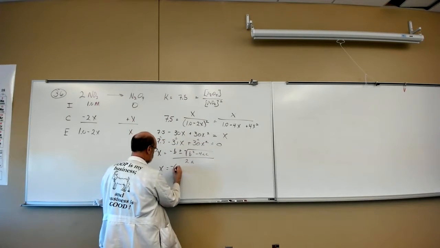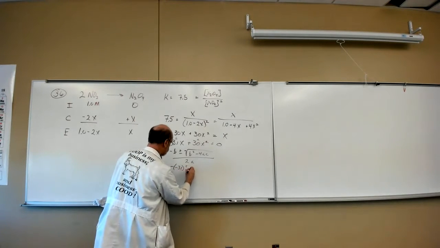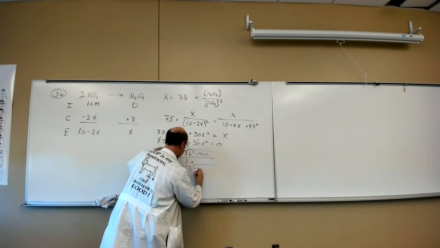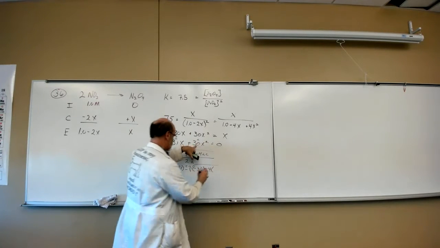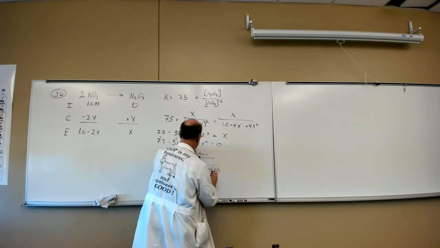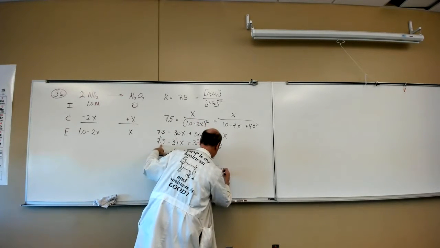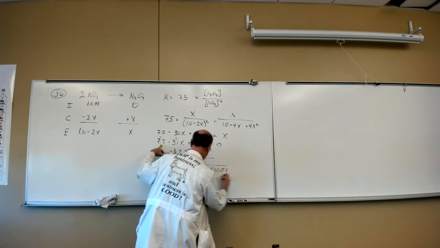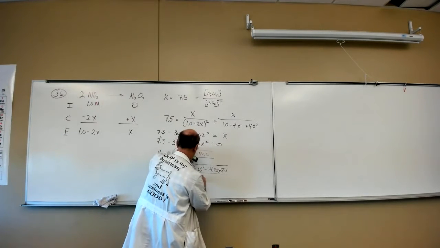So it's a minus 31 plus or minus square root of minus 31 squared minus 4 times a, which is 30, times c, which is 7.5, and then all over 2 times a, 30.